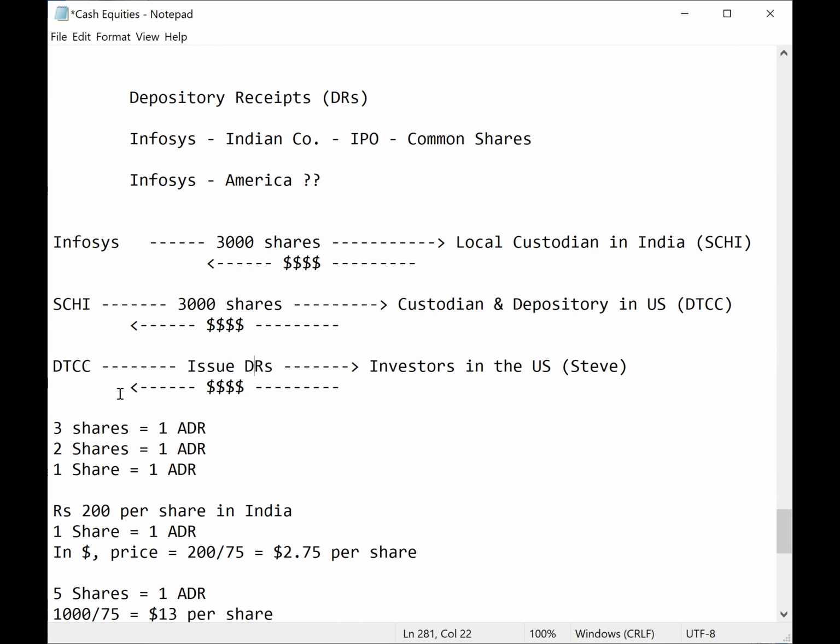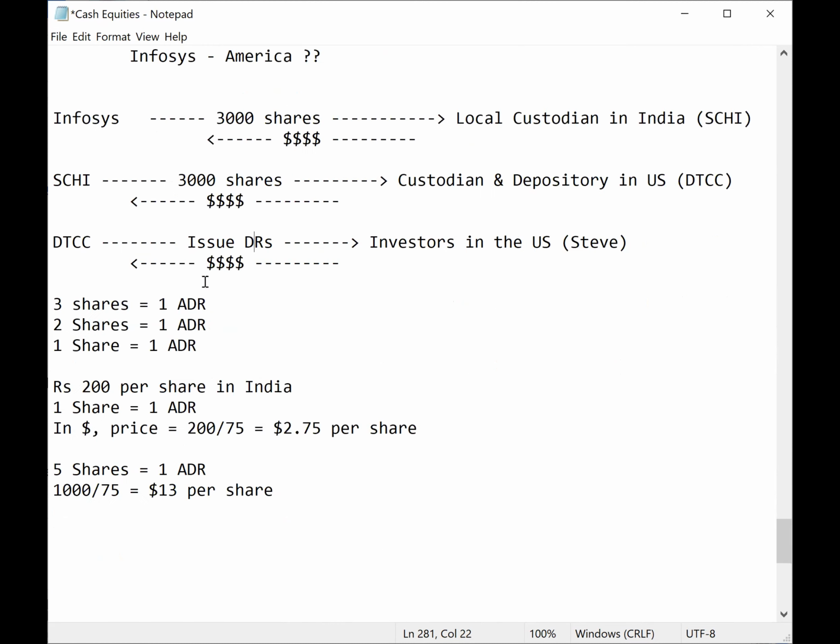But what happens in an unsponsored ADR is the company is not issuing new shares. The company will not get the money. Let's say a depository and a custodian bought shares from the secondary market. Now when they bought shares from the secondary market, they can issue ADRs against them and they will get the money.